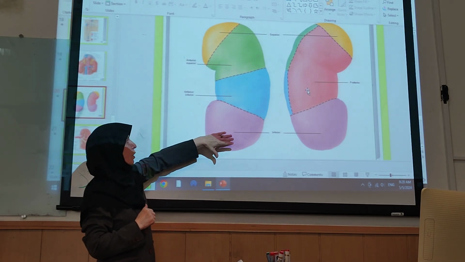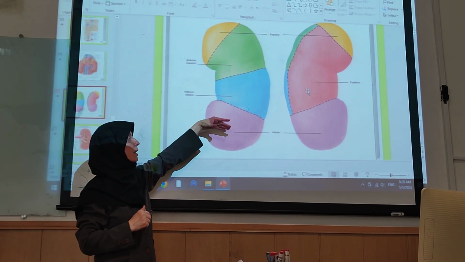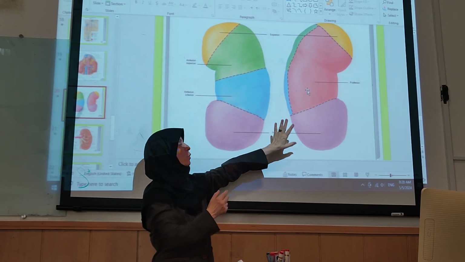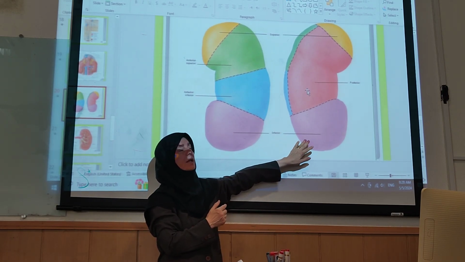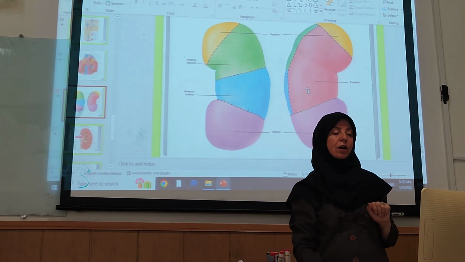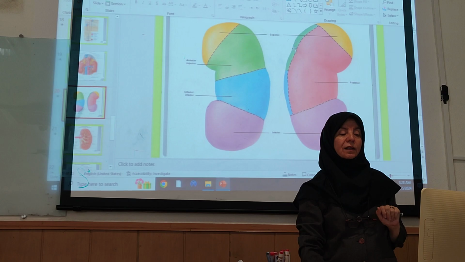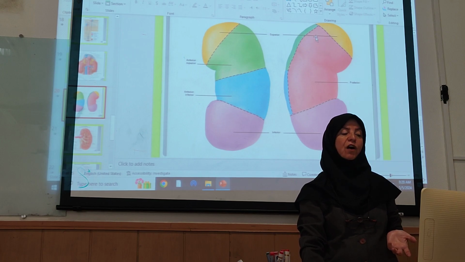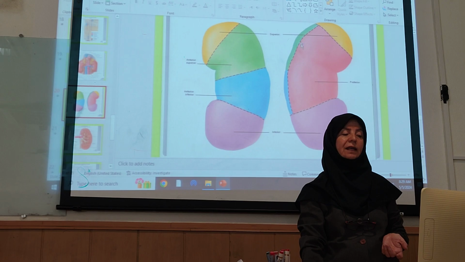4 segments are visible anteriorly, and if we rotate and look at the posterior view of the kidney in this slide, I am able to show you the 5th segment, the red. And here also with 5 different colors, we are going to remind you that each kidney contains 5 segments for the artery.